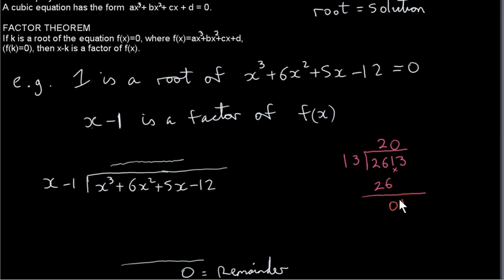We just bring down the 1 actually, so we get 0, 1, or just 1. Then we divide 13 into 1, it goes 0 times with a remainder of 1. Then we multiply 0 by 13 to get 0. Then we subtract. 1 minus 0 is 1. The next step is to bring down. We bring down the 3, write that here. And then we go back to dividing again. We divide 13 into 13, which goes once.